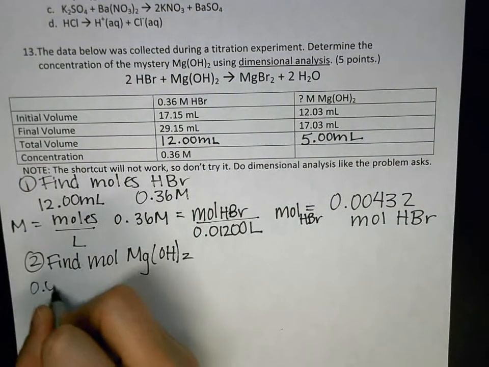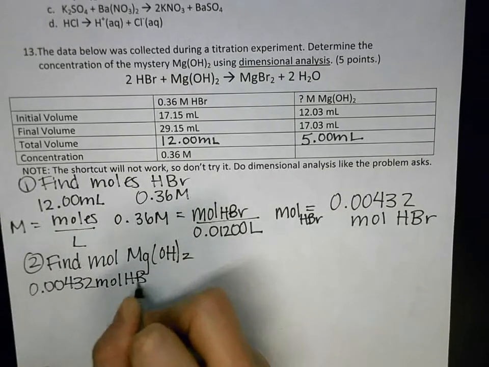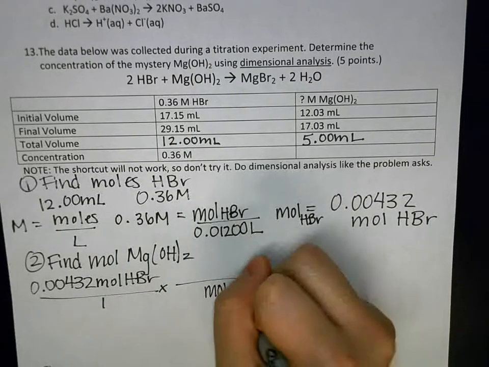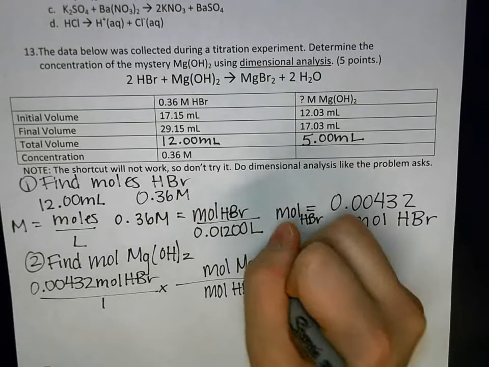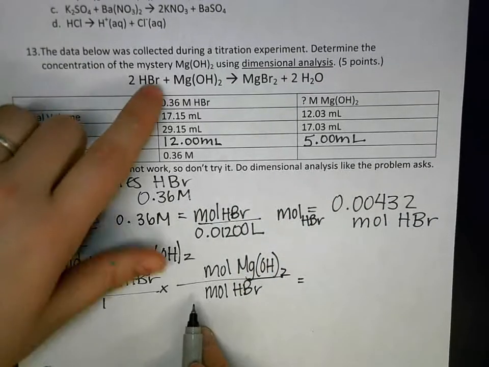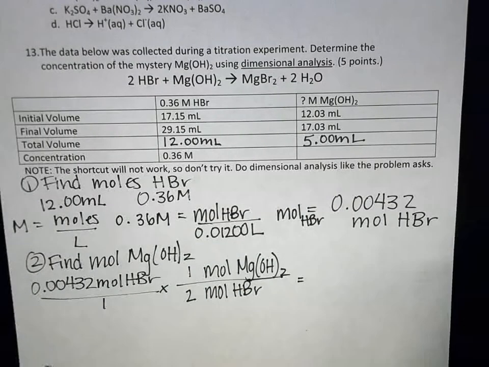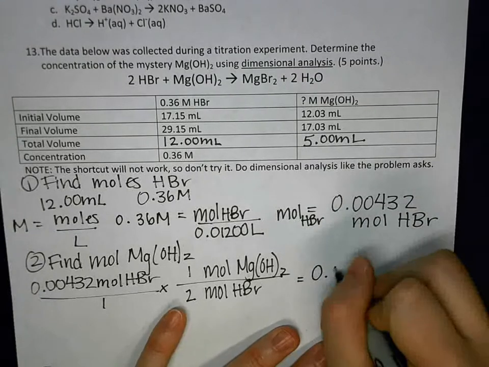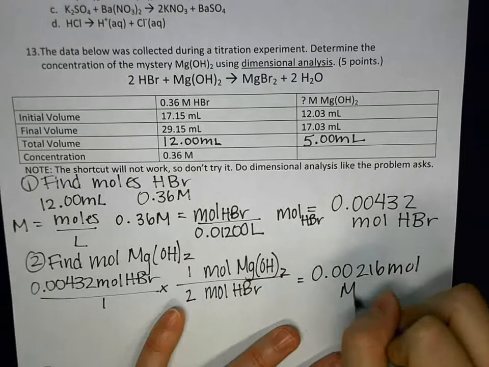I start with this many moles of HBr. I want to cancel out mole of HBr, so that goes on bottom. I'm solving for moles of magnesium hydroxide. In my balanced equation, there is 1 mole of Mg(OH)2 and 2 moles of HBr. So I just have to divide my moles of HBr by 2, and I get 0.00216 moles of magnesium hydroxide.